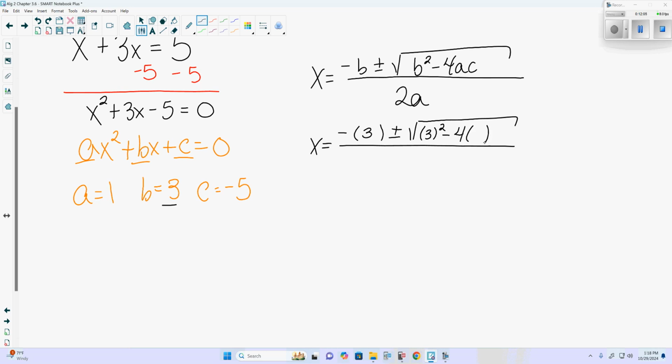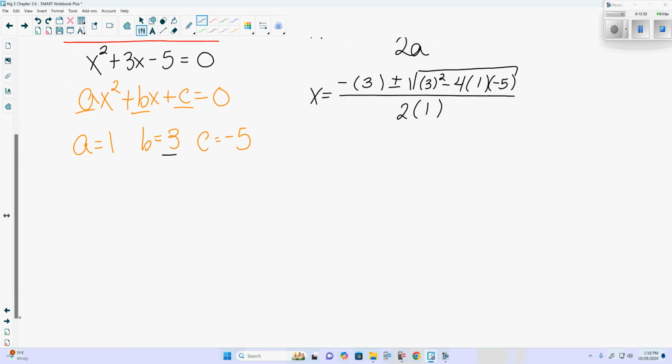Well, our a value is 1, times c, which is negative 5, all over 2 times a, which would be 2 times 1. Questions on how we got to this point here?